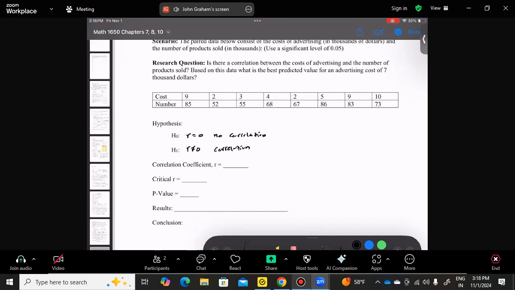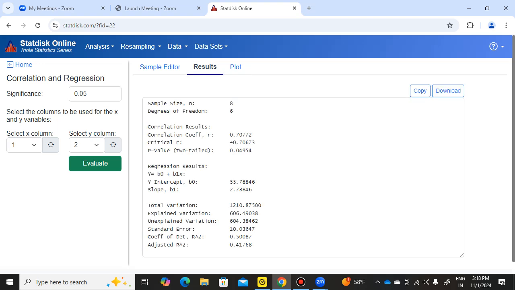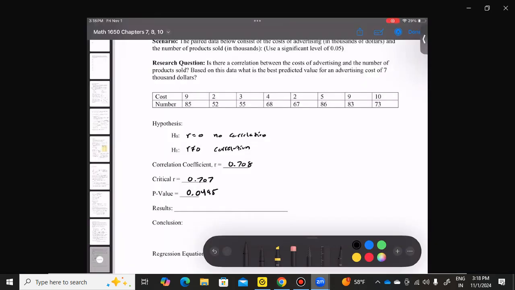Let's get our values here. Our value is 0.708. Our critical value is 0.707, very close. The p-value is 0.0495, and you could even round that up to 0.05. They asked for the test statistic, so we'll find just that.